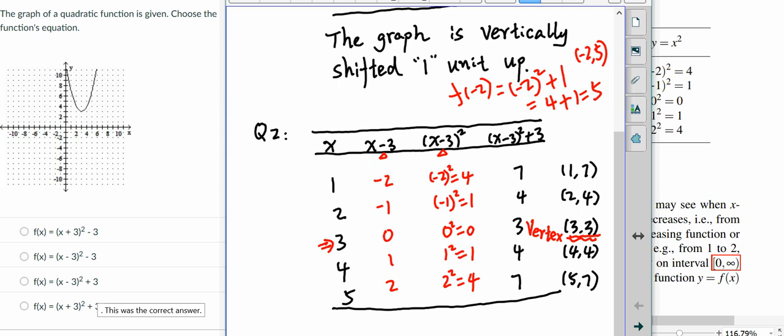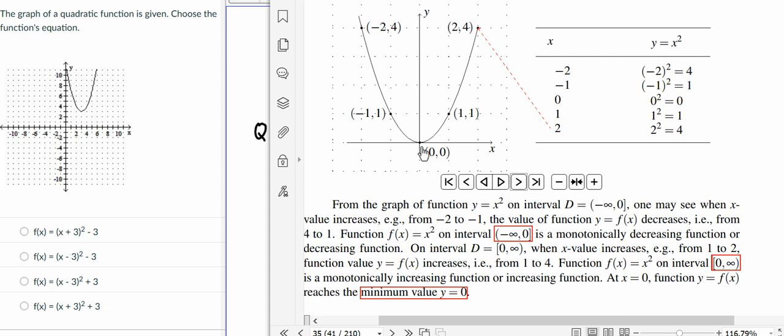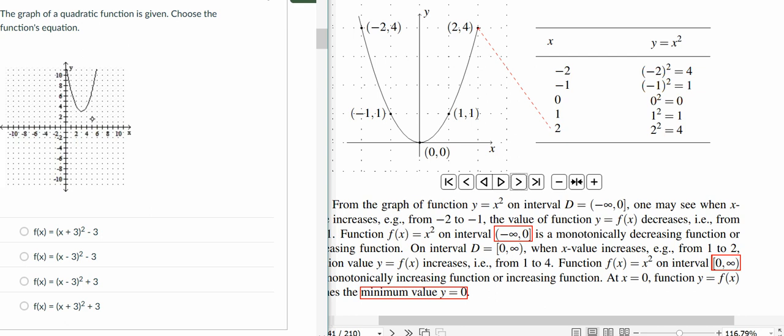You see, previously the vertex was 0, 0. Like here, 0, 0. Now, it goes to the lowest point, which is called the vertex, which goes to 3, 3. This is 3, 3. Okay.